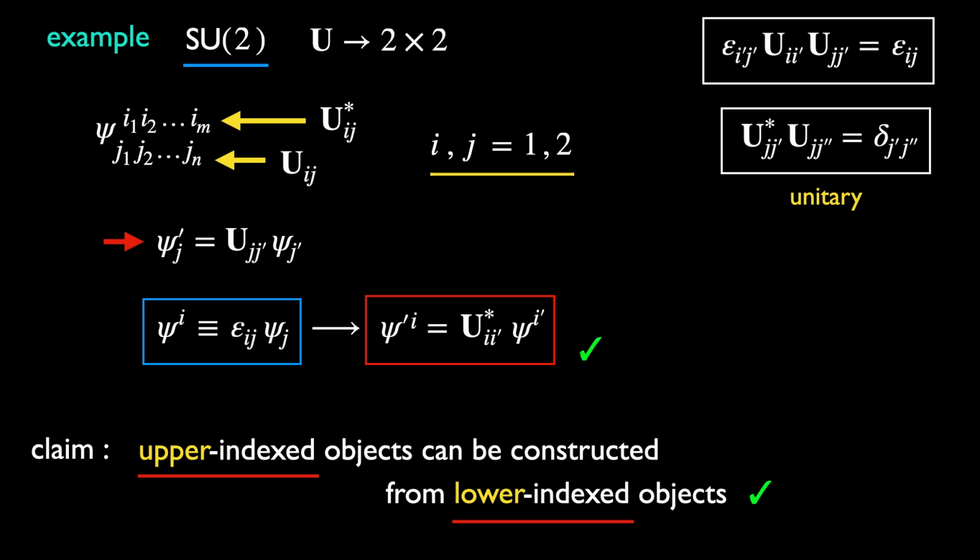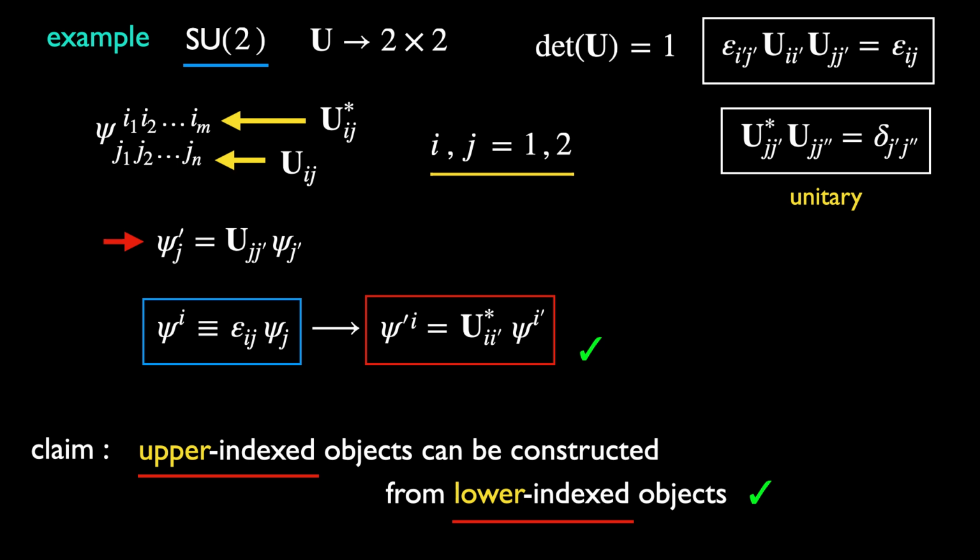This is obviously true also for multi-index tensors, since we can look at each index separately and go through our argument. All we need is the invariance of epsilon under SU2, which is the result of determinant 1, and the unitarity of U. The upper index objects can be expressed as linear combinations of lower indexed objects, as we see explicitly in the blue box, and are thus not independent components.